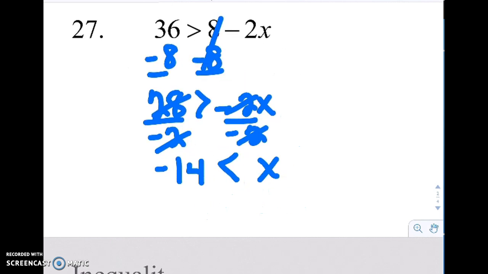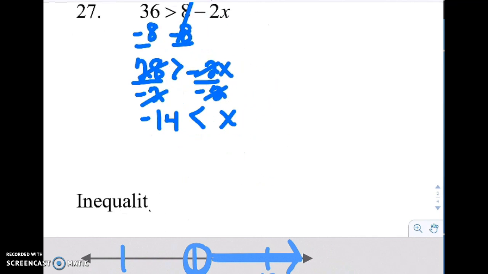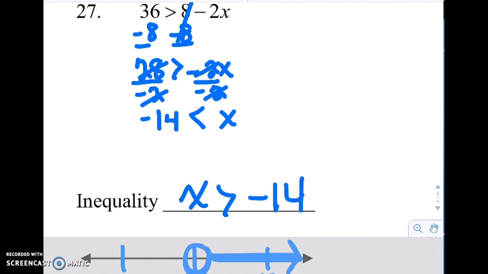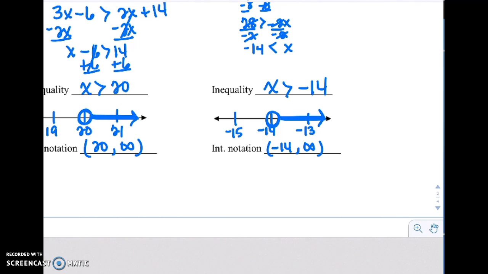And unless it's an and inequality written as a single inequality, we always want x to be on the left. And so to rewrite it so that x is on the left, we flip everything. X is greater than negative 14. And here's the graph of that inequality and its representation in interval notation.